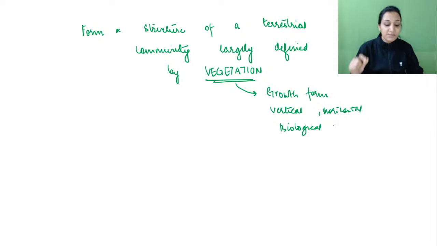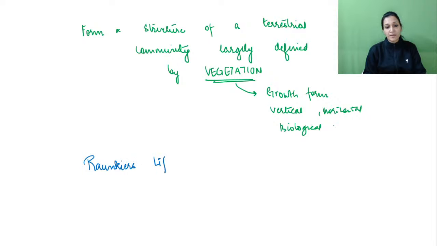Now there is another term which is coming now, that is Raunkiaer's life form. Have you ever heard this? Raunkiaer's life form, what is it? Raunkiaer's life forms: classification of plant life in relation to the height and perennating tissue above and below the ground.